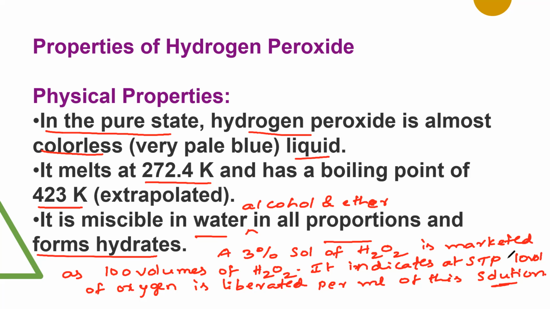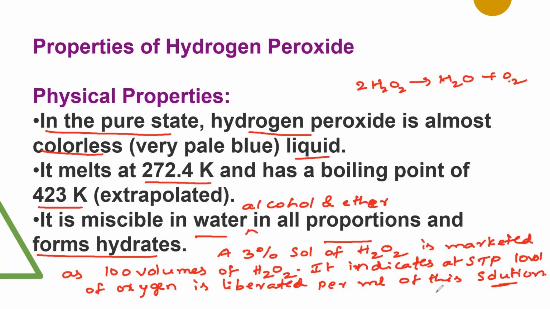So these are the physical properties of hydrogen peroxide. On decomposition, hydrogen peroxide decomposes to form water and oxygen gas. So the 3% hydrogen peroxide solution is marketed as 100 volumes of hydrogen peroxide. It indicates at STP 10 volumes of oxygen is liberated per ml of this solution.